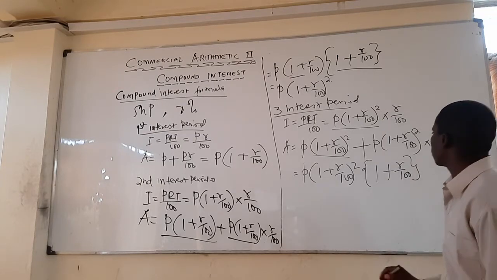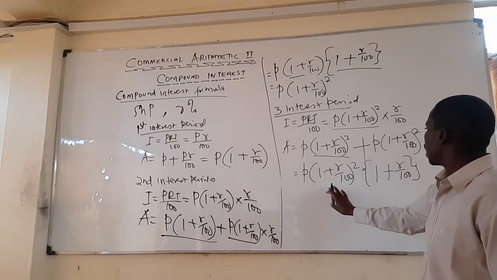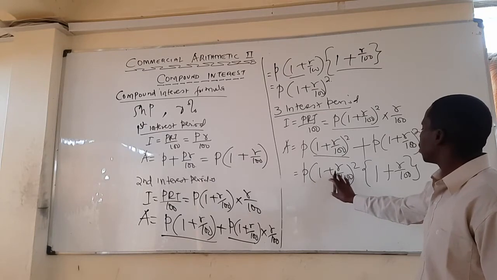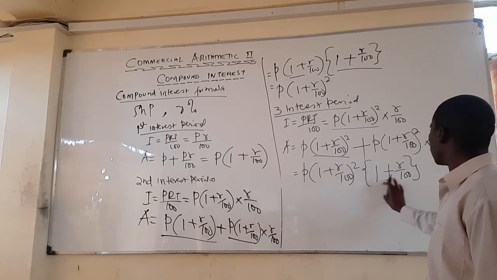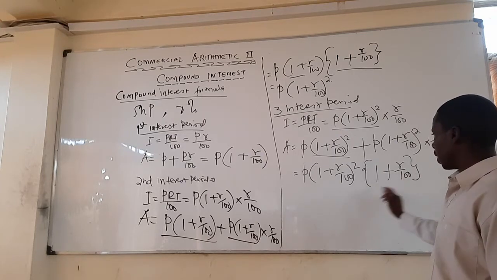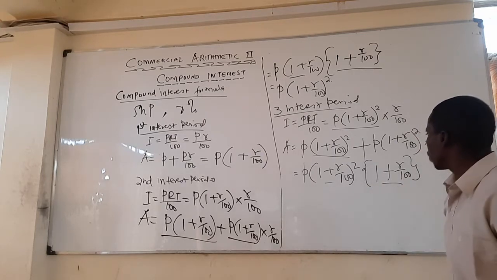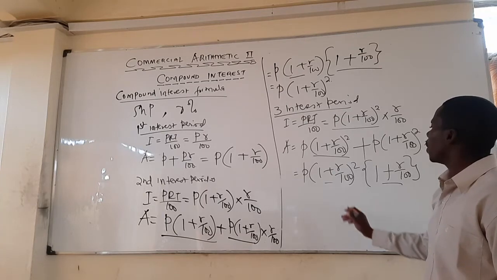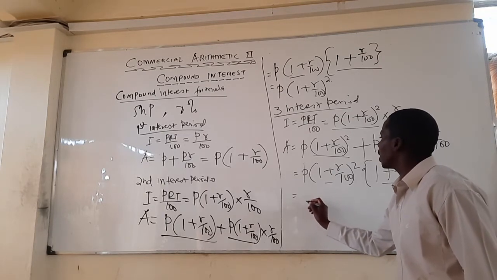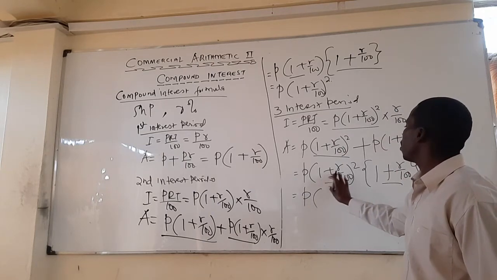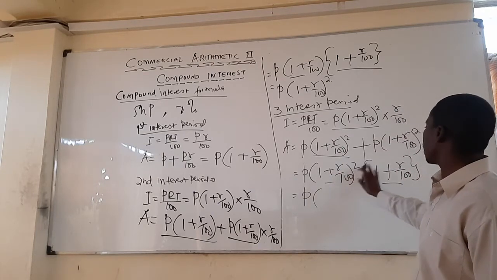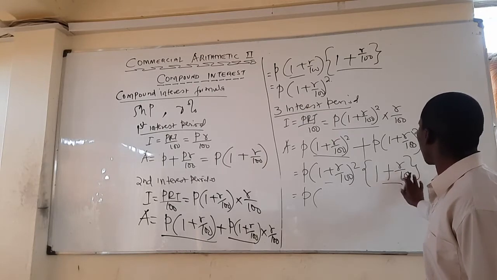And of course, you can see that this is P times 1 plus R over 100 squared times 1 plus R over 100. We can simplify it further. We say this is P into bracket 1 plus R over 100 squared, times 1 plus R over 100.